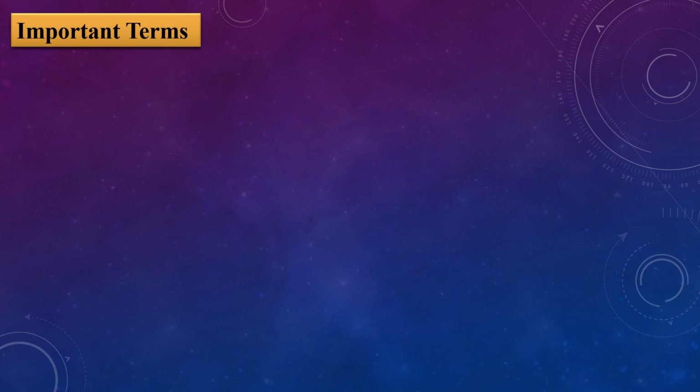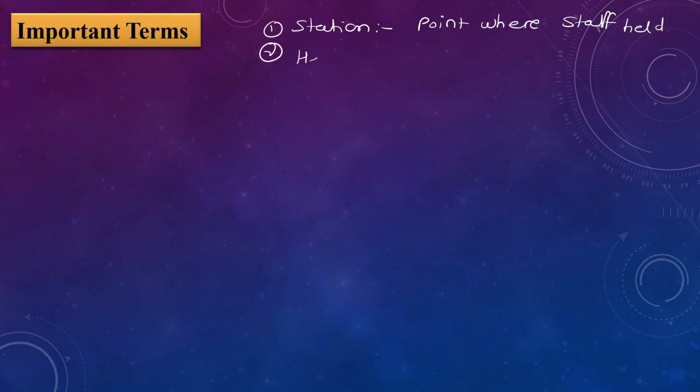Next there are some few important terms. In that, first one is station. Station is the point where staff is held. So this is the station point. Then next, second is height of instrument.